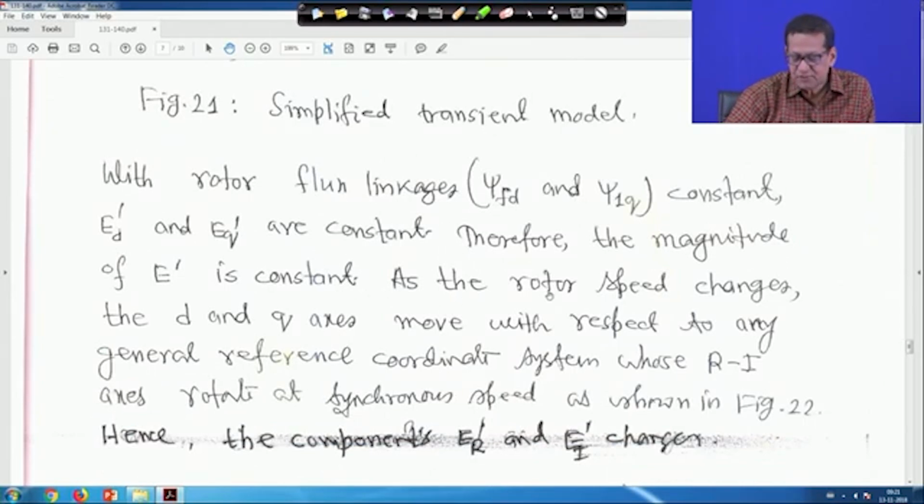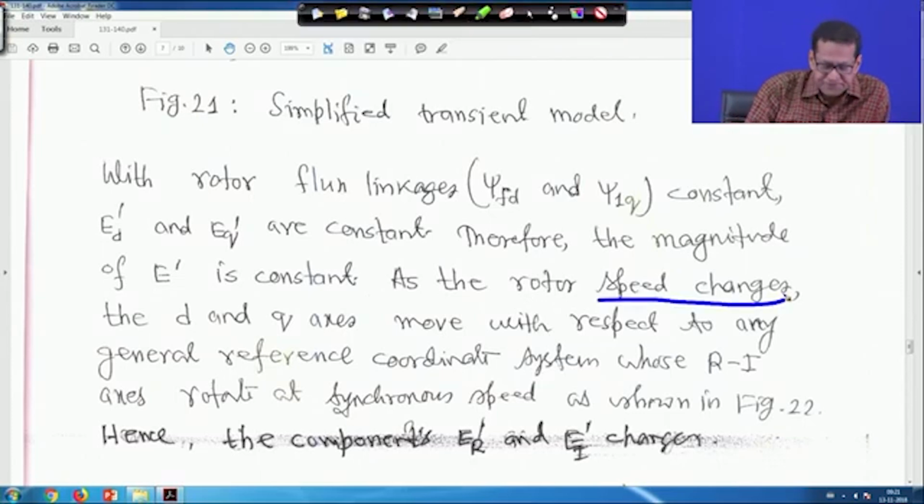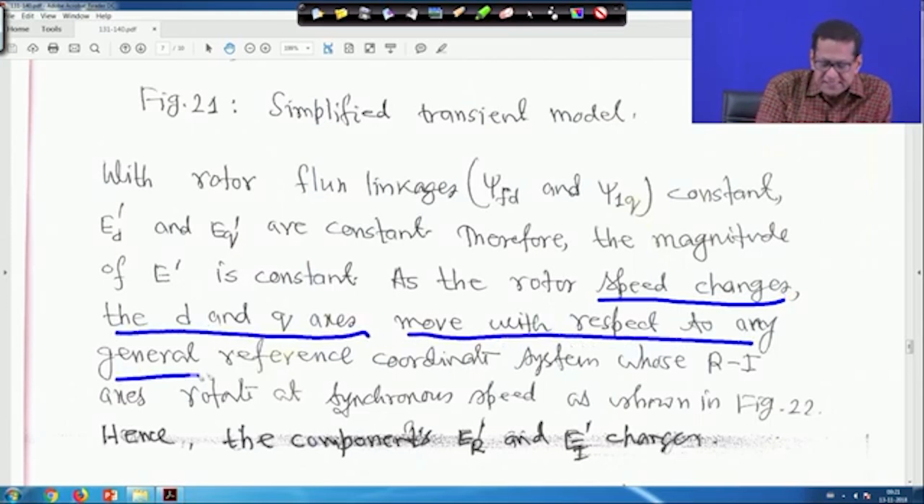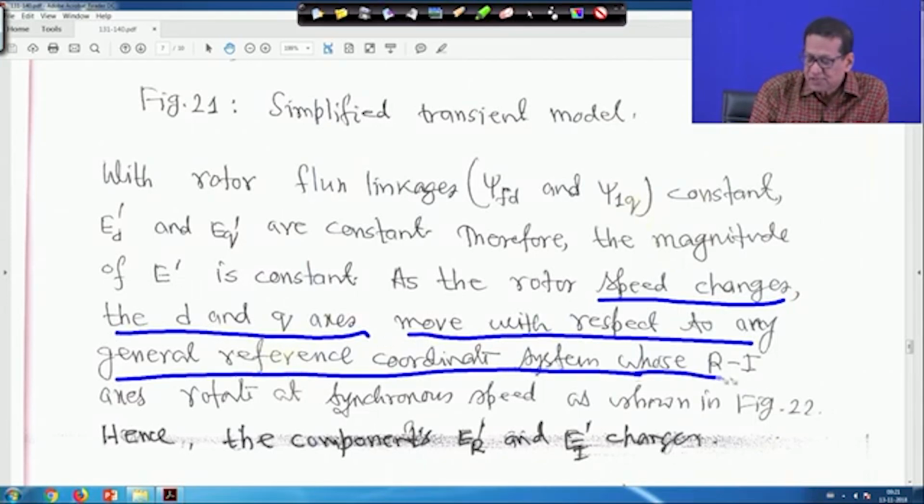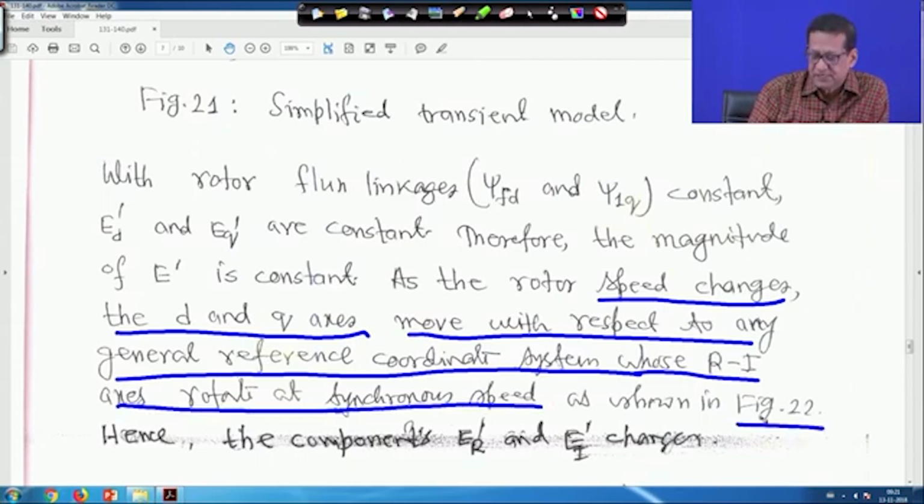So, as the rotor speed changes, the d and q axes move with respect to any general reference coordinate system whose R means real, I means imaginary, that is real and imaginary axes, rotate at synchronous speed as shown in figure 22. I will go to figure 22.